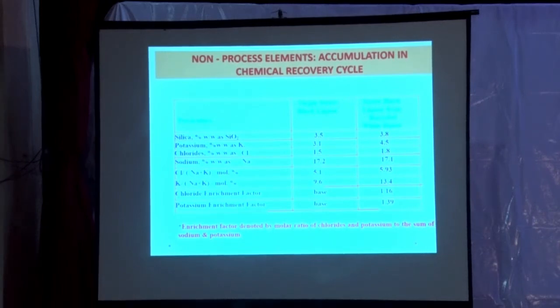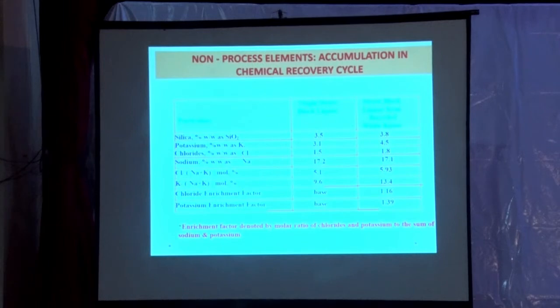Whatever comes in the black liquor will come from the raw material. So when we did it in the virgin white liquor, we generated the virgin straw black liquor which contains a silicate content of 3.5%, potassium 3.1%, chlorides 1.5%, sodium 17%.